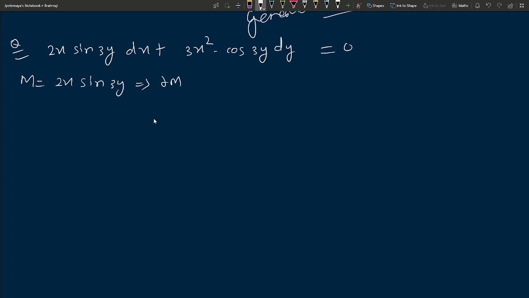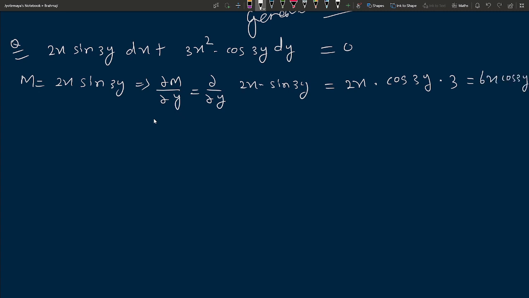Now this implies del m by del y equals del by del y of 2x into sin 3y. Partial derivative with respect to y, so 2x is a constant. The derivative of sine y is cos y, so the derivative of sine 3y is cos 3y into 3, which is the constant multiplied with y. So this is your 6x cos 3y.